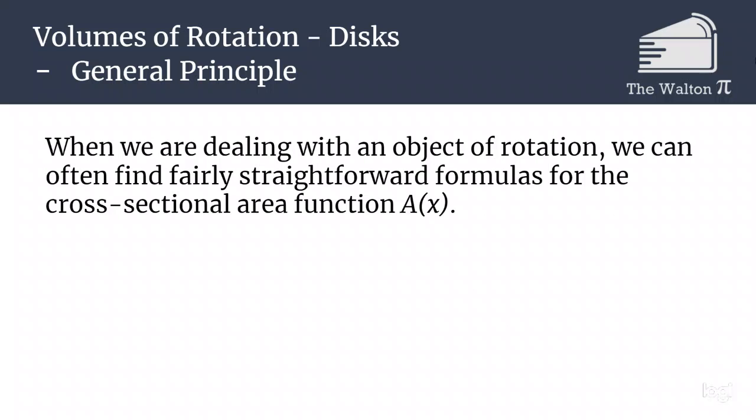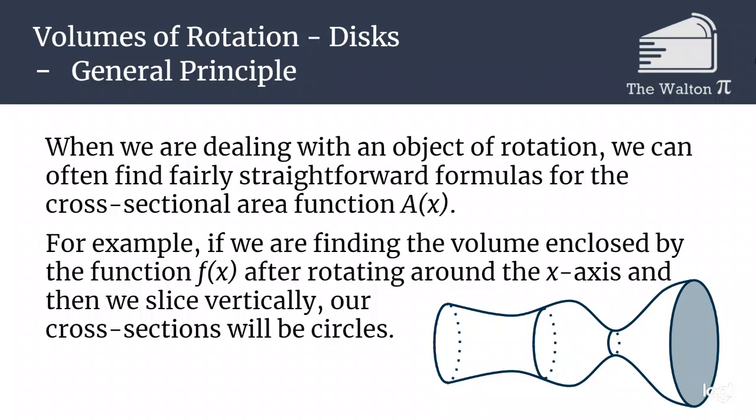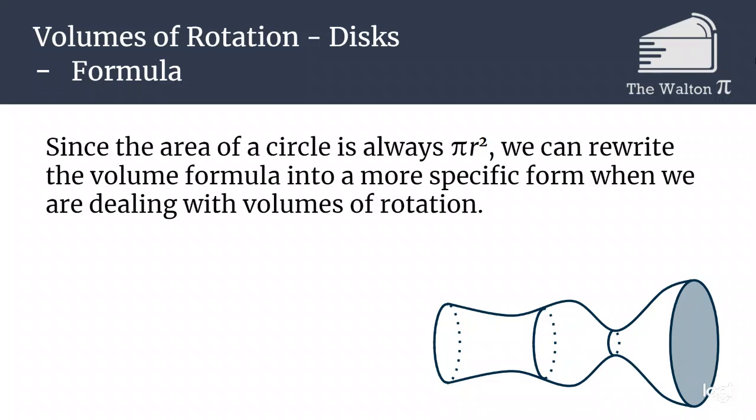So when we are dealing with an object of rotation, there are usually very nice formulas to be able to find the cross-sectional area A of x. For example, if we are finding the volume enclosed by this function f of x after rotating about the x-axis, and we were slicing vertically, our cross-sections would be circles. Since the area of a circle is always pi r squared, we can rewrite the volume formula into a more specific form that will always apply when we are dealing with volumes of rotation using the disk method.